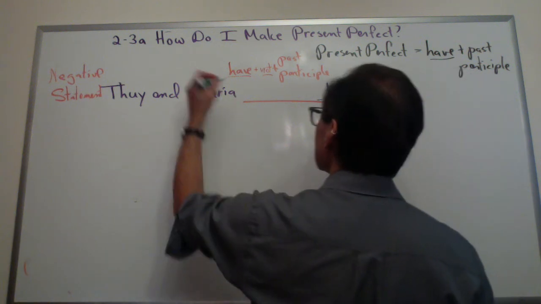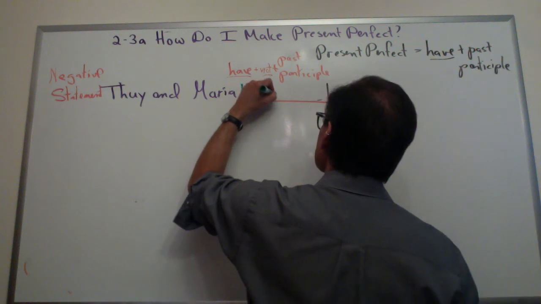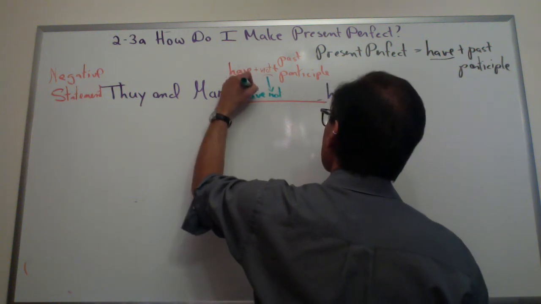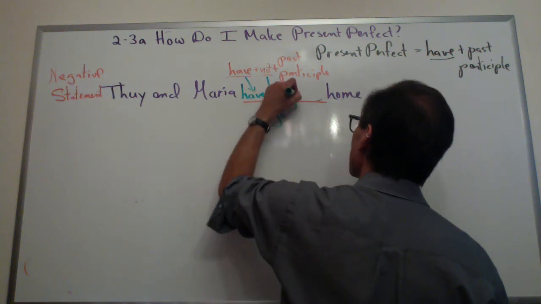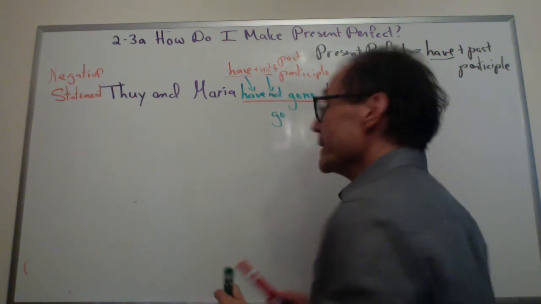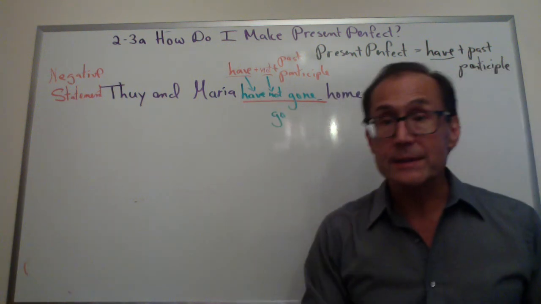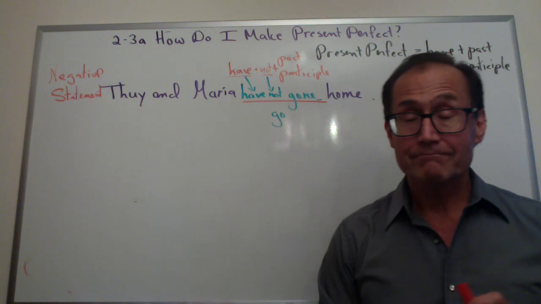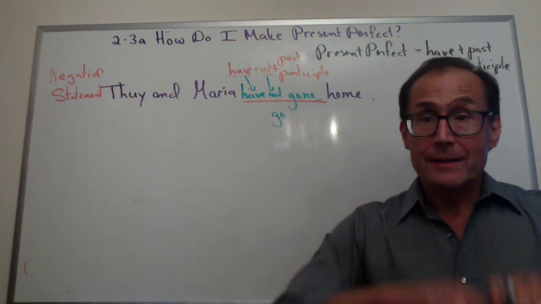So I would say, Twee and Maria have not. And then past participle of go is gone. Twee and Maria have not gone home. Or I can make this shorter, you probably know that, and say, they haven't gone home. Okay?